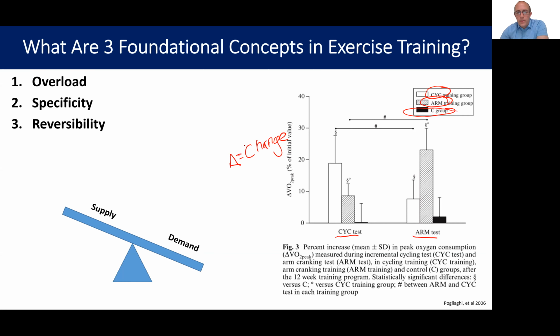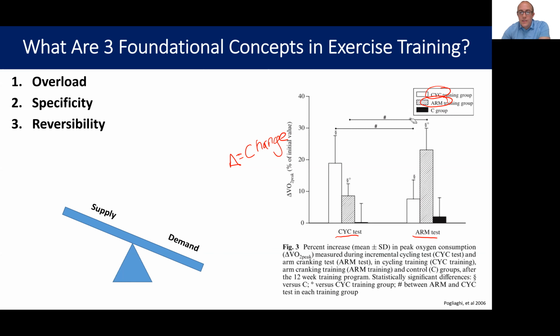And so the control group who did absolutely nothing, they had them come in, let's say January 1st, measured their VO2 max during cycling and arm cycling exercise, and then had them come back a couple months later, 12 weeks later, measured it again. There's no change, same VO2 max as before, okay? So nothing's changing because there's no intervention there. So let's just ignore them for now.